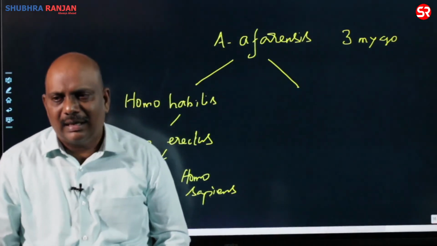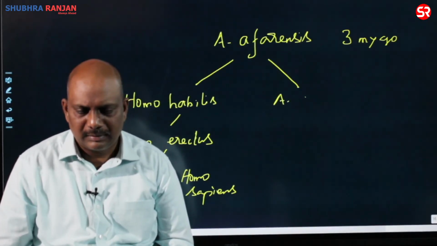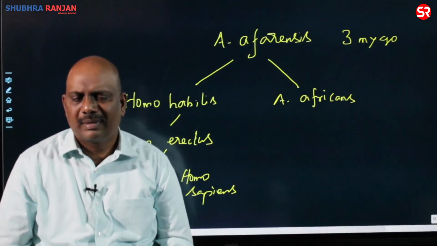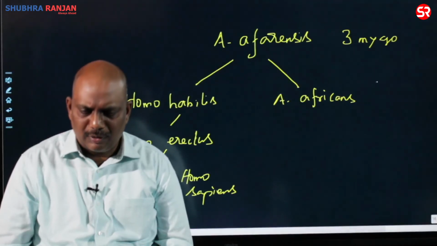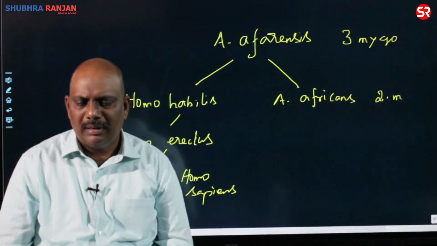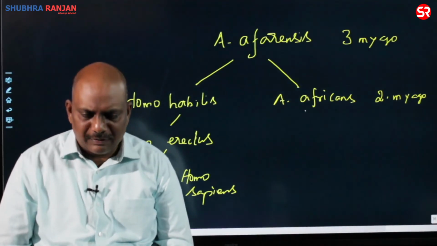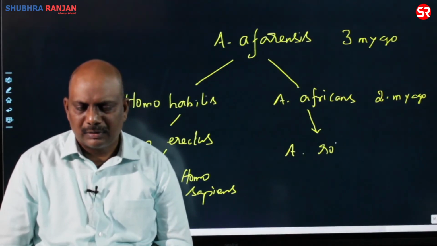On the other side, the afarensis split into Australopithecus africanus. From 3.5 million years, it continued to live up to 2 million years ago. Africanus further evolved into Australopithecus robustus.